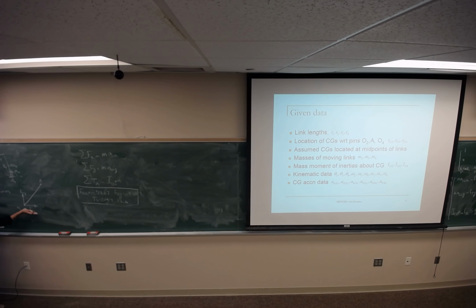Suppose this is the action. The reaction would be the force applied from link 2 to the ground, so it's going to be in the opposite direction, and the label is going to change to F21x: the force coming from link 2 applied to link 1, which is the ground, in x direction, and F21y in y direction.